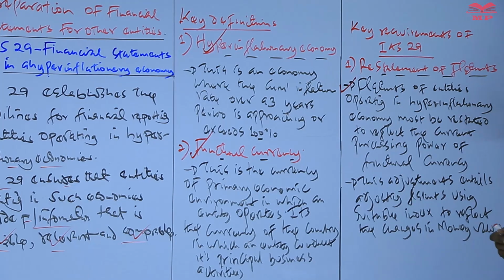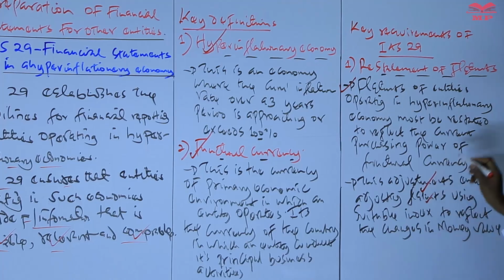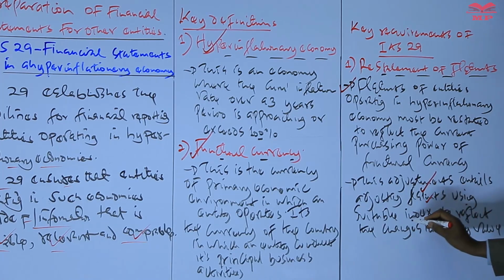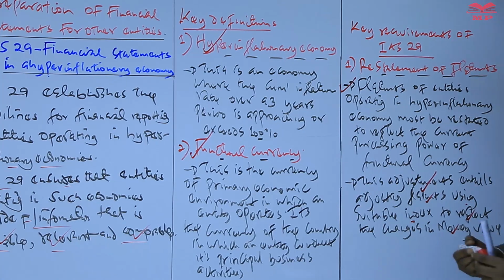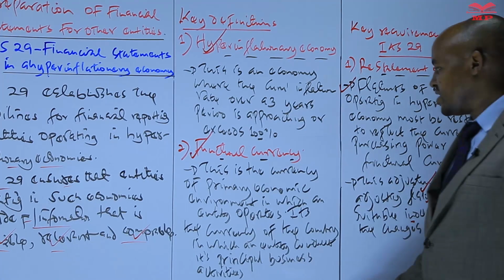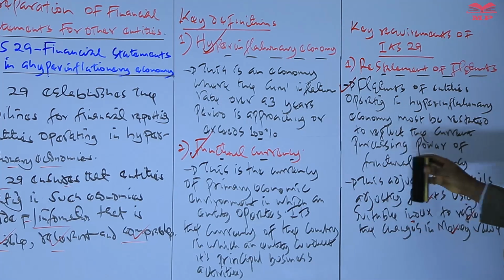So that particular adjustment entails adjusting the financial statement using a suitable index in order to reflect the current market value of such items.